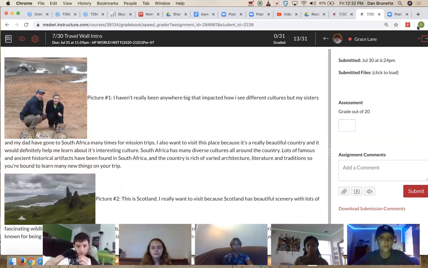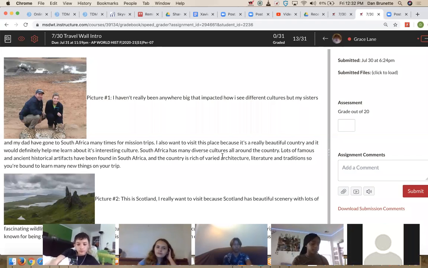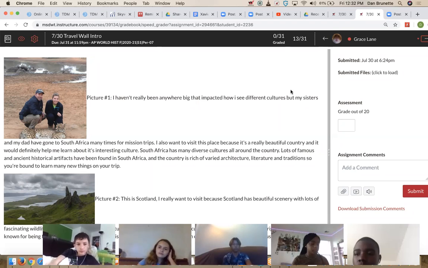The second picture is of Scotland. I would want to go there because the scenery is very beautiful, and the Scottish people have a really interesting, rich history, and there are a lot of inventions and things that originated in Scotland that have impacted our culture, which would be interesting to learn about.